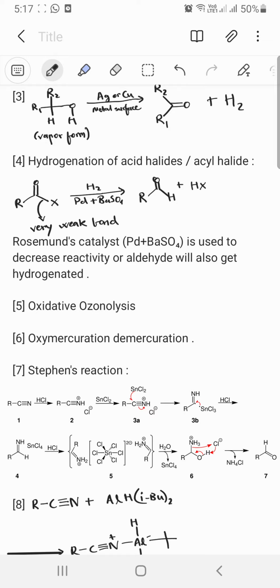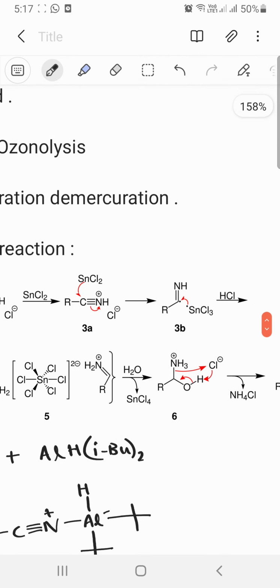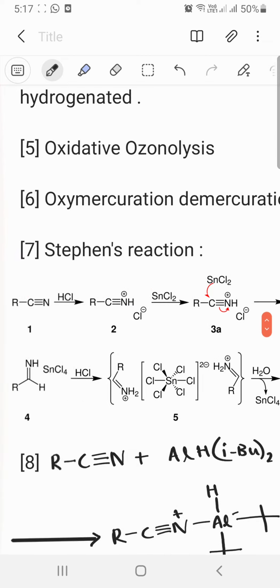Okay, so cyanide, HCl, SnCl2. Alright. Oh, that's kind of weird. This SnCl2. Why did this turn out to be radical mechanisms? So, and then HCl.